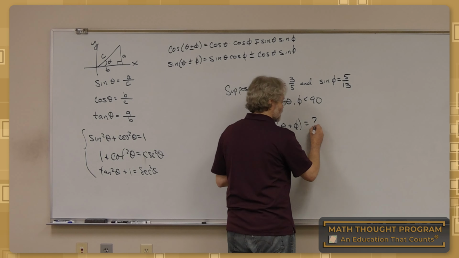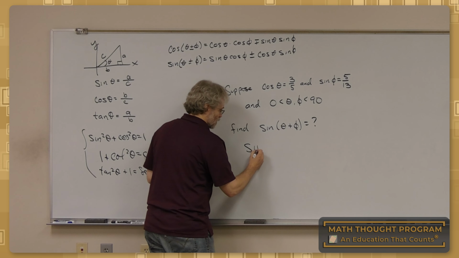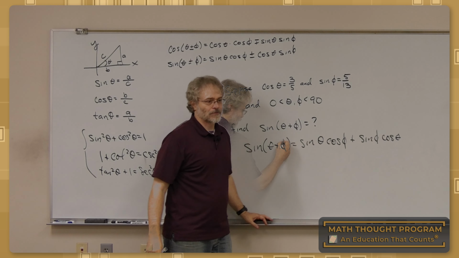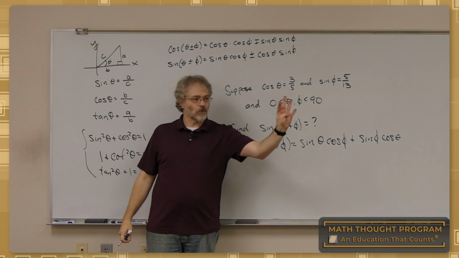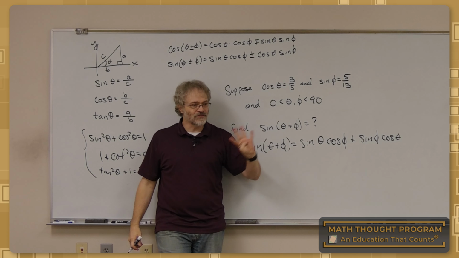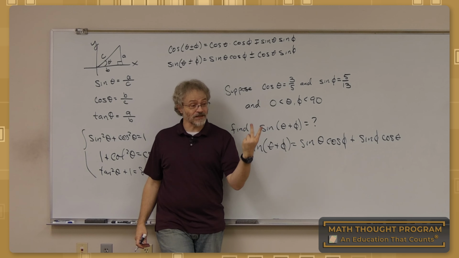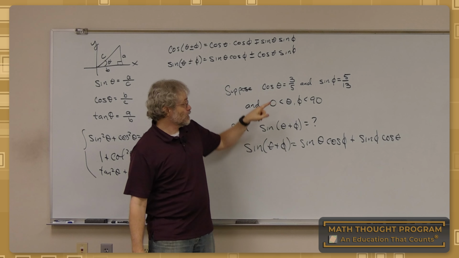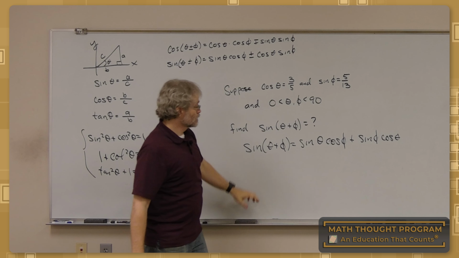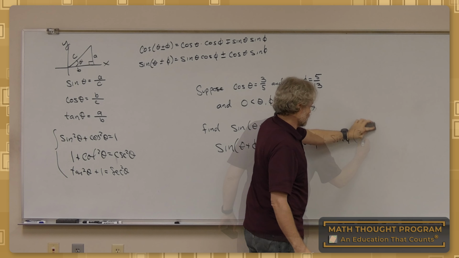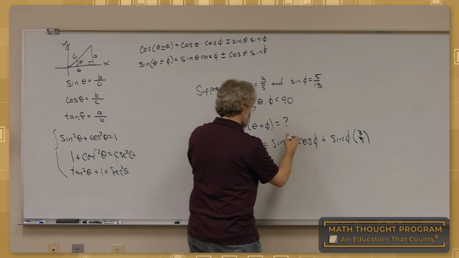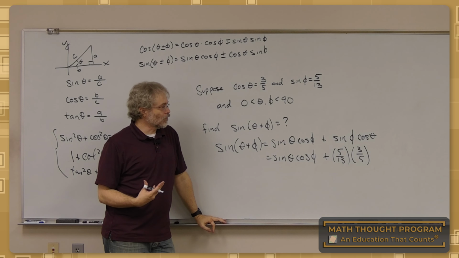Since I want to find this, let's look at it. There are 4 things I have to find. You find these 4 things, you're done. But 2 of them are given, right there. So I'll come over here and replace it, and take this and replace it.